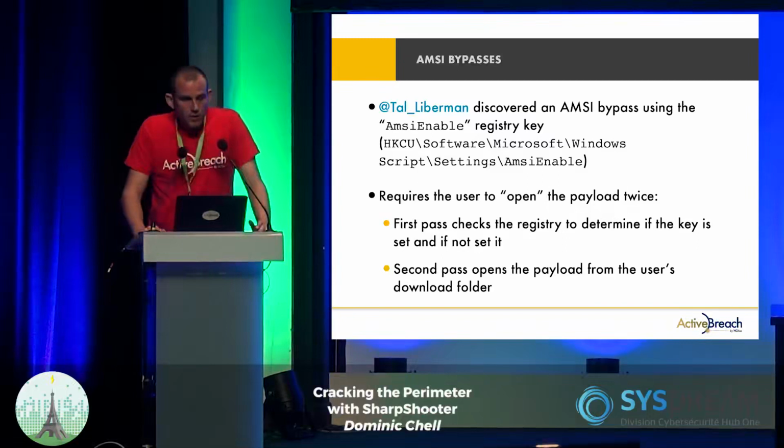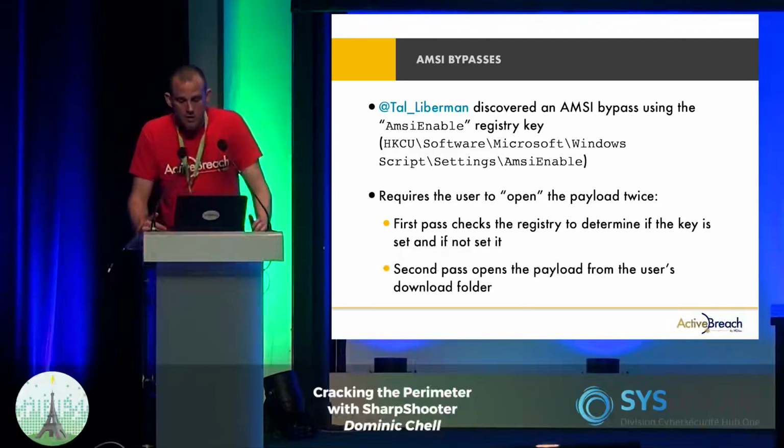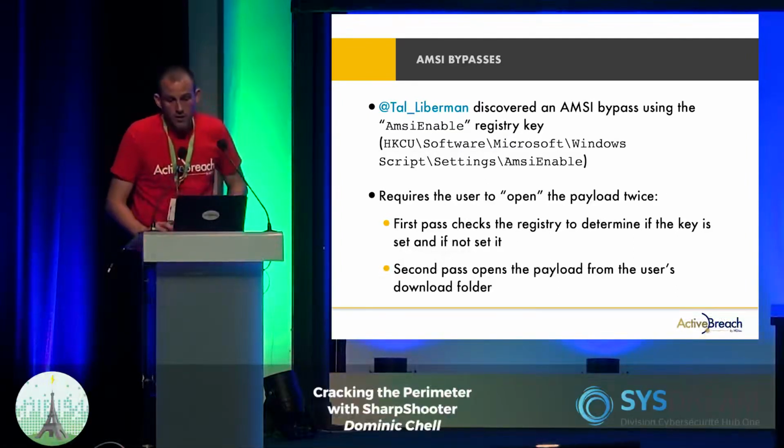So what you can do is have a small harness that will first check whether the key exists. If it doesn't exist, you write it, and then you just reopen your same payload. And then on the second pass, when you open your payload for the second time, AMSI is completely disabled, and you get carte blanche.